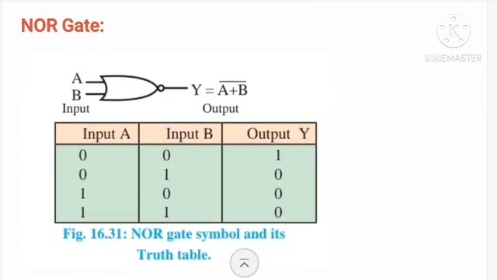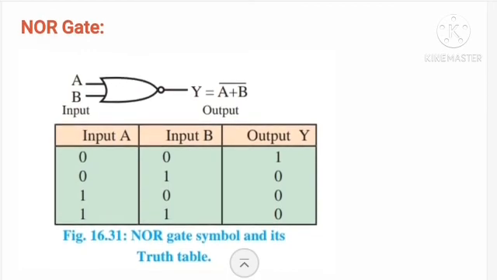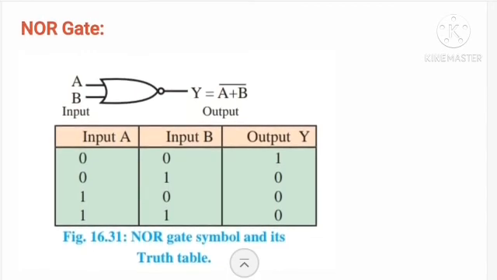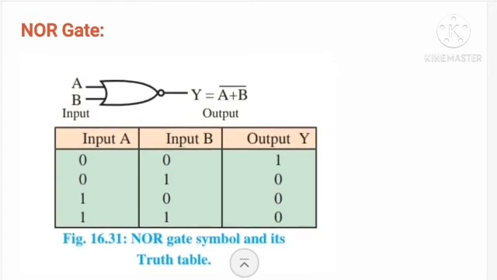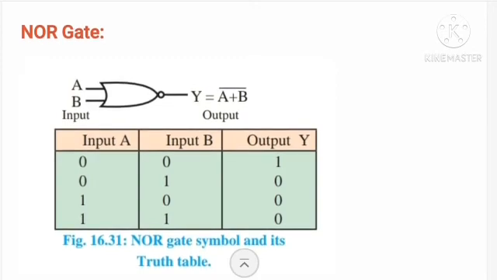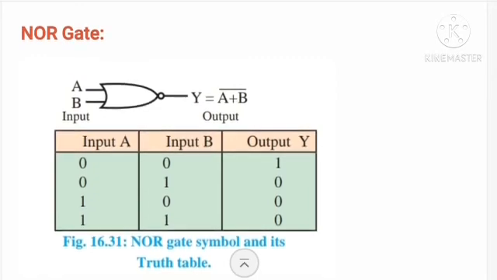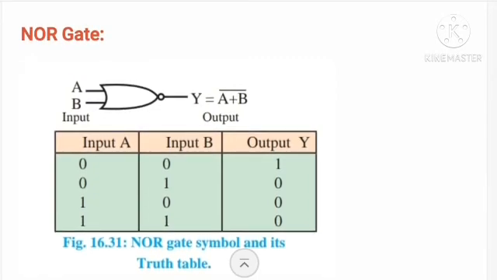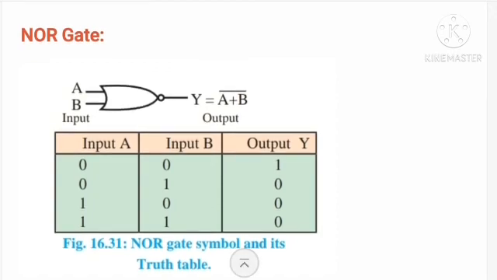Now the next gate is the NOR gate. So it is gate number 5. Here in the case of the NOR gate, it performs the mathematical expression of (a plus b) bar, which suggests that it must be the negation of the OR gate.